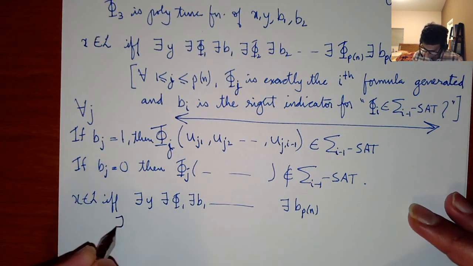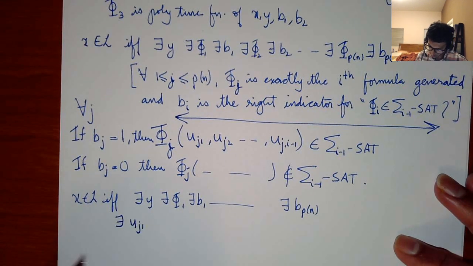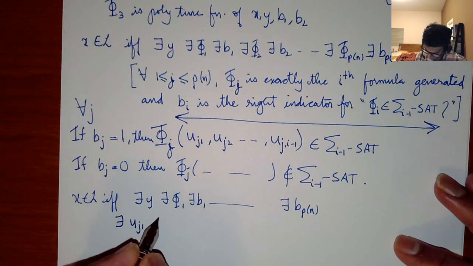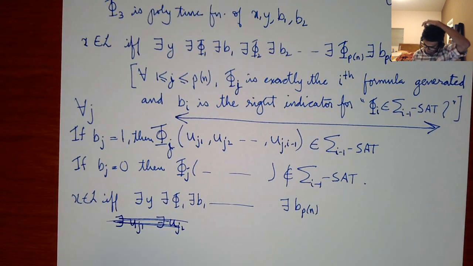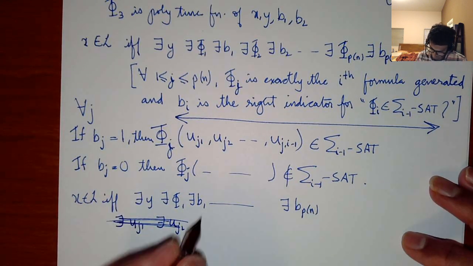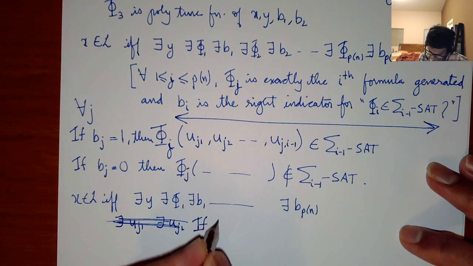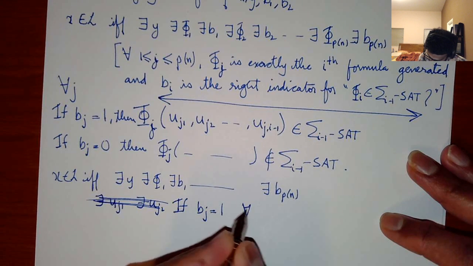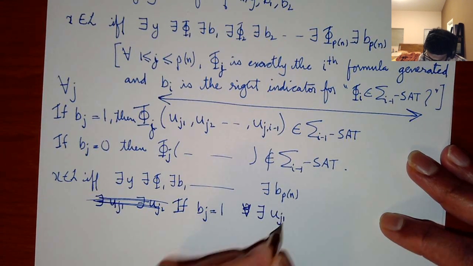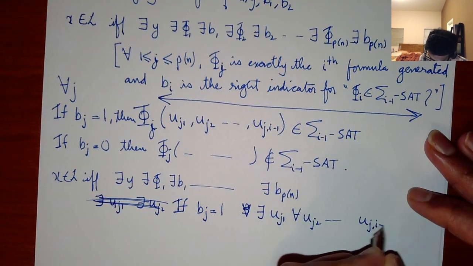Let me write something down. If b j is equal to 1, then I want: there exists u j1, for all u j2 up to u j i minus 1.